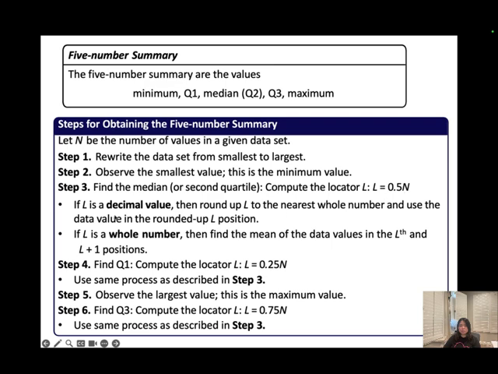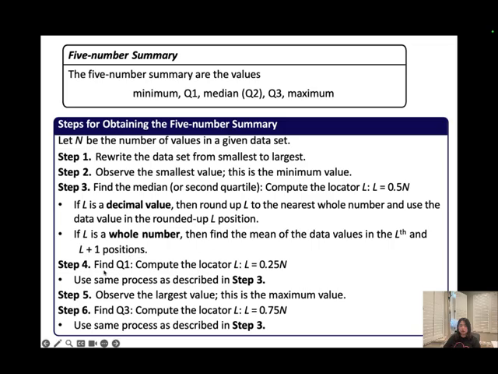If your L is a decimal value, then round it up to the nearest whole number. We always round it up. Even if you have 3.01, you're gonna round it up to 4. And then use the data value in the rounded up L position. But if your L is a whole number, then find the mean of the data values in the L and the L plus 1 position.